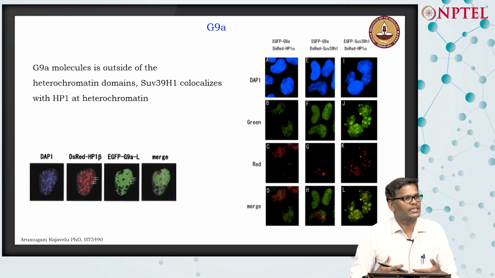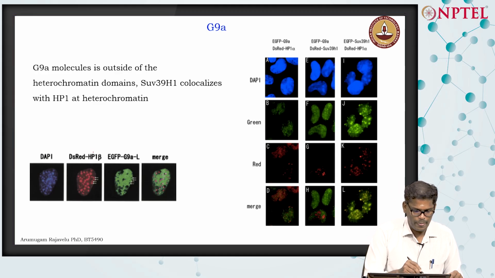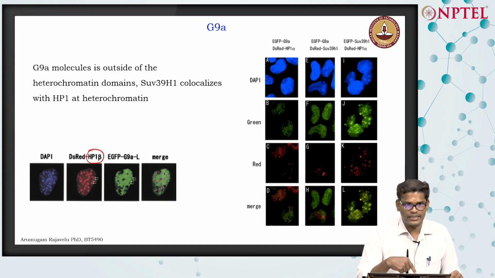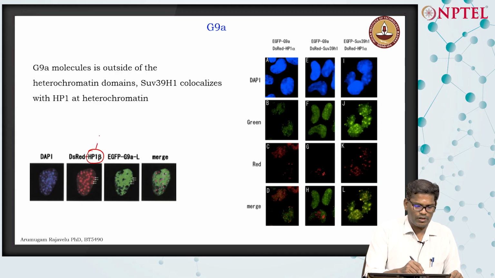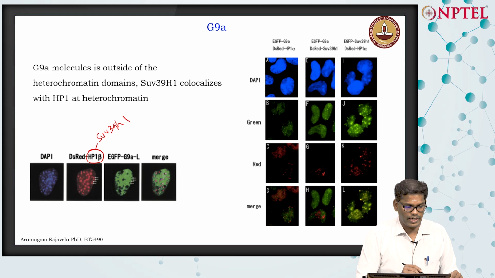Yes, so I said it's not only for in vitro assays, at the cellular level as well, this was true, because you see very clearly HP1, which I already explained briefly and we will see in detail in the epigenetic reader classes. It is a part of a complex with SUV39H1, right?